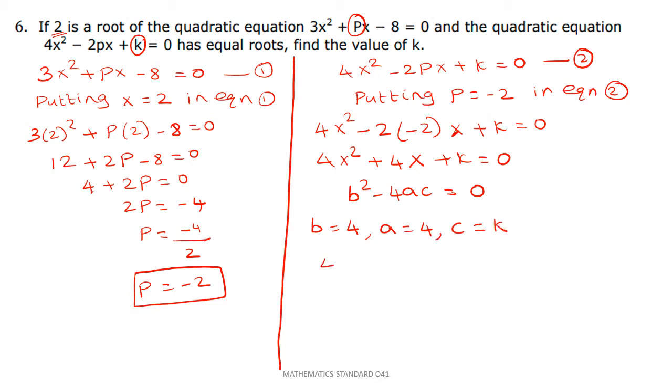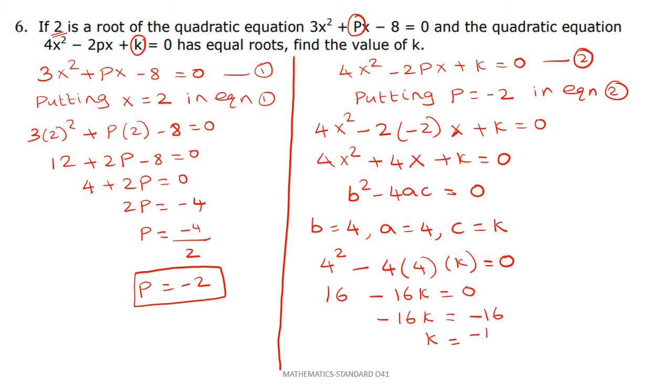So substitute all the values. 4 squared minus 4 into 4 into k is equal to 0. So 16 minus 16k equal to 0. Minus 16k equal to minus 16. So k will be minus 16 by minus 16. So the answer is 1.